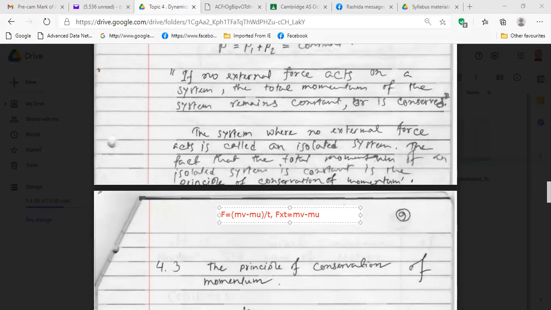So we are getting mv minus mu equals Ft, right? So change in momentum equals force multiplied by time, right?